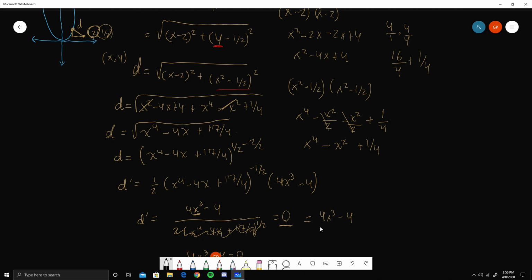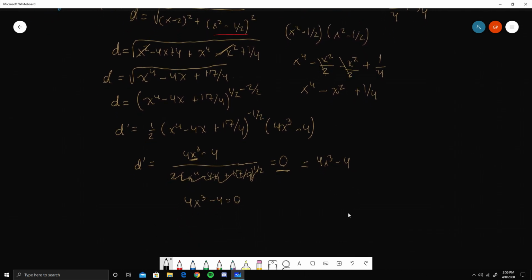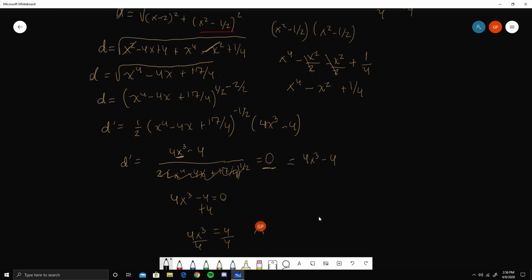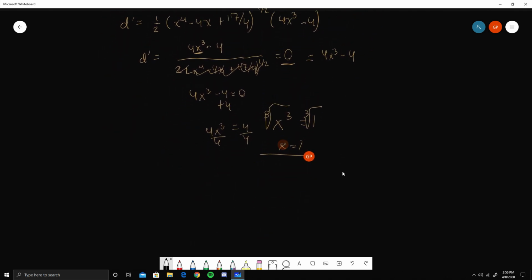And now I'm going to solve for x. I'm going to move this 4 over, and I get that 4x cubed is equal to 4. Then I'm going to move the 4 over, and I get that x cubed is equal to 1, and the cube root of that is just 1. So now I know that x equals 1 for this point.